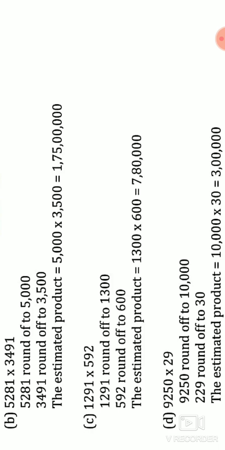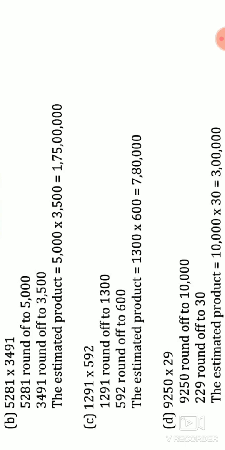And then take the next, third problem, that is C. 1291 into 592.